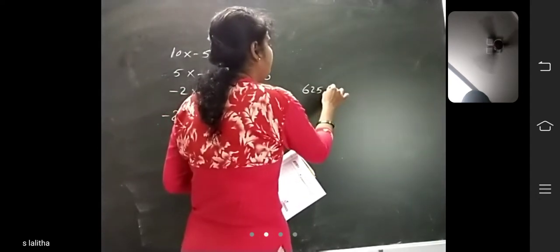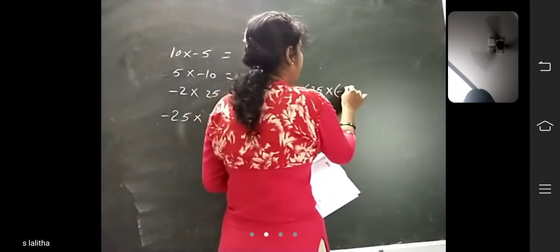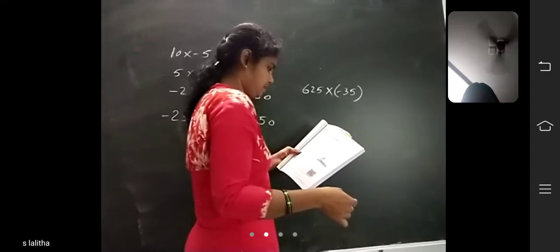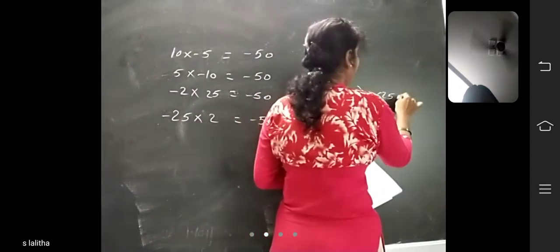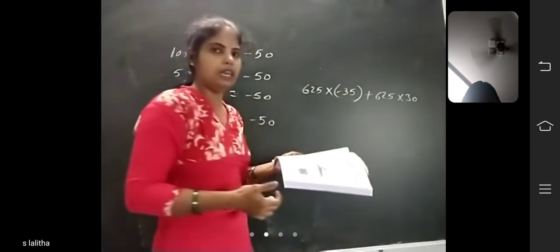Okay. Next, sixth one. Simplify 625 into minus 35 plus 625 into 30 using suitable law. So here what is given? 625 into minus 35 plus 625 into 30 using suitable law.